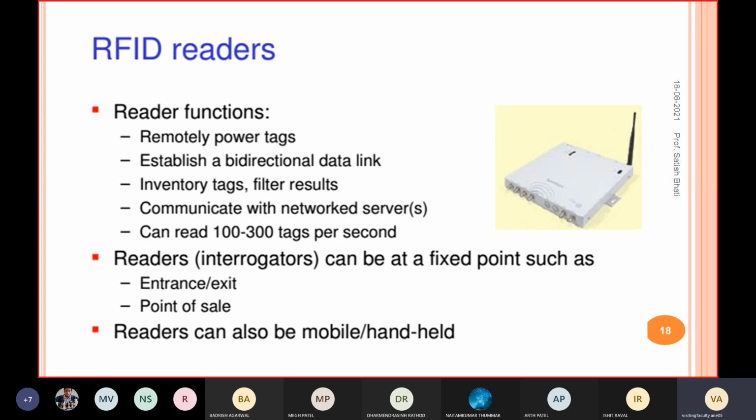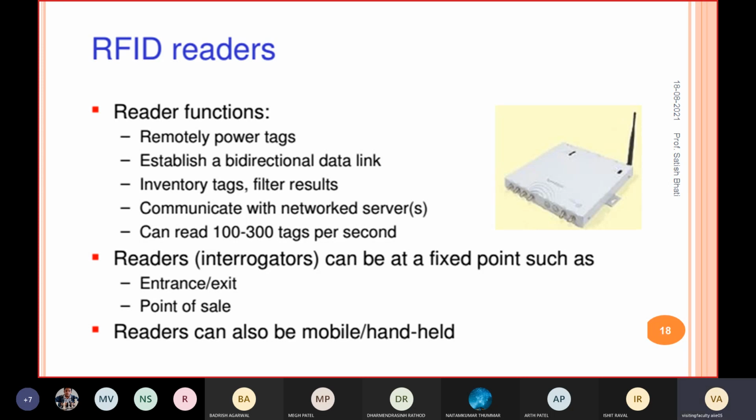Or you can also place a point of sale. As I told, at some particular interval, if you have a supply chain and a large area to cover, you can put readers at some interval, which depends on the range of your reader. This reader can be mobile or handheld.